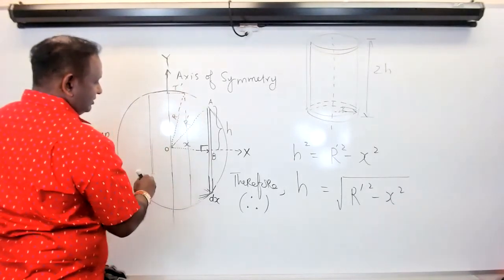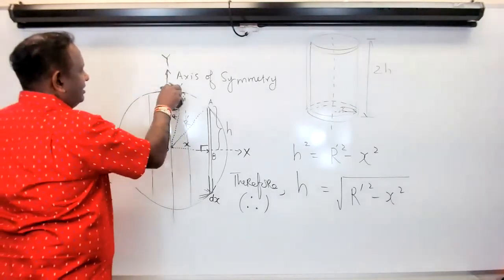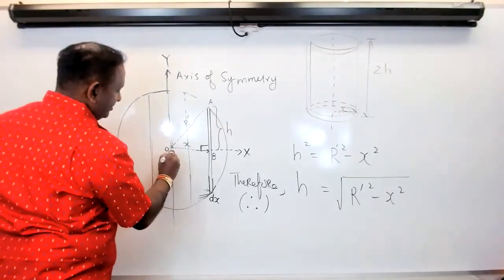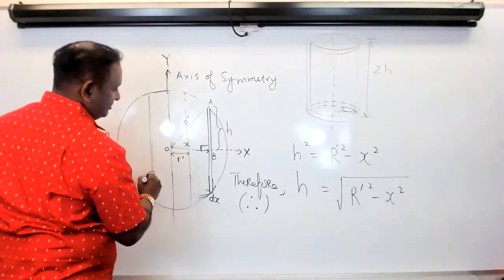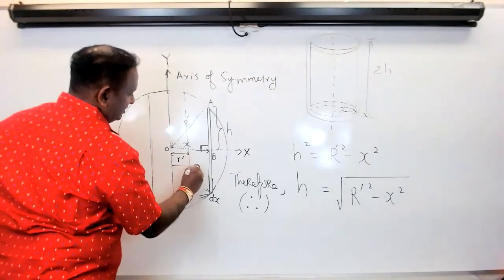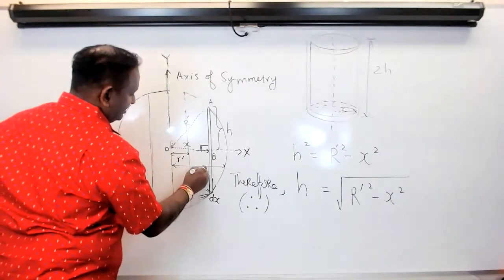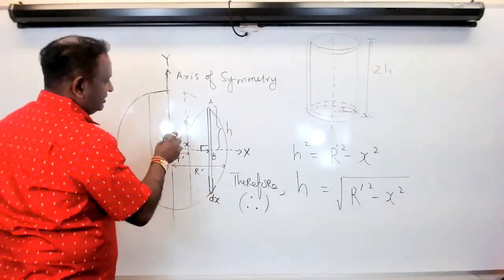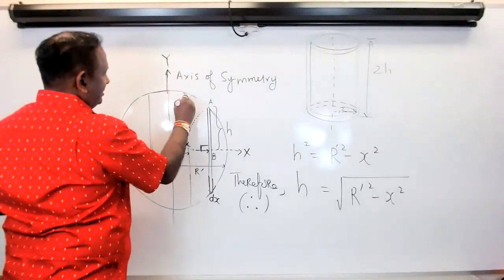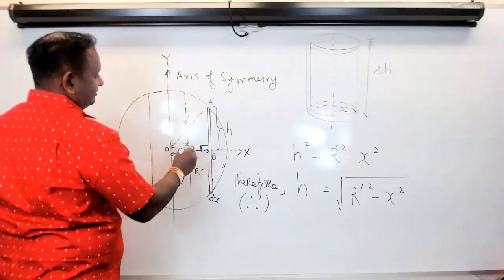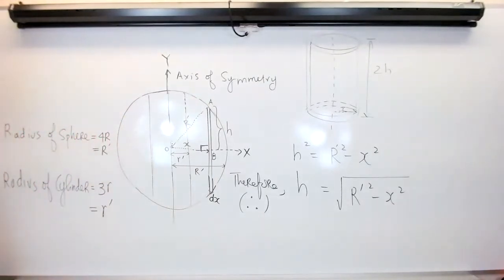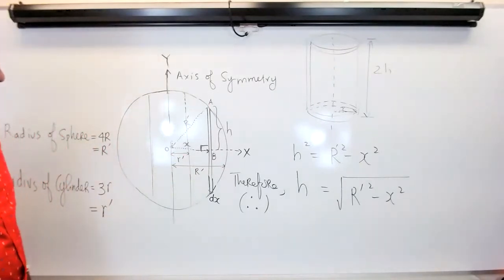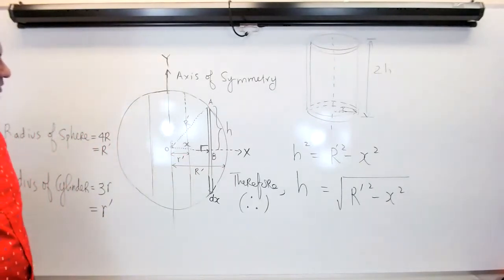Now instead of putting r prime here, I'm going to say this is your r prime, and from here to here, this is your capital R. The same thing, I just located them at a different place. From here to here r prime, from here to here capital R prime.